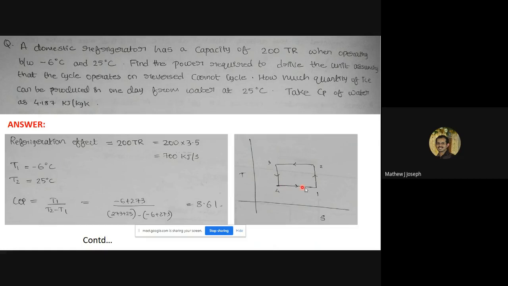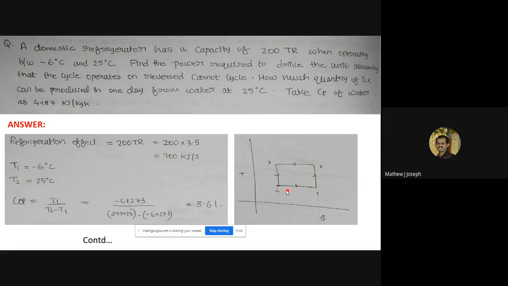During 4 to 1, the heat is absorbed from the freezer compartment, so 4 to 1 is our refrigeration process. 1 to 2 is our reversible adiabatic or isentropic compression process. 2 to 3 is our reversible isothermal heat rejection process. 3 to 4 is our isentropic expansion process.